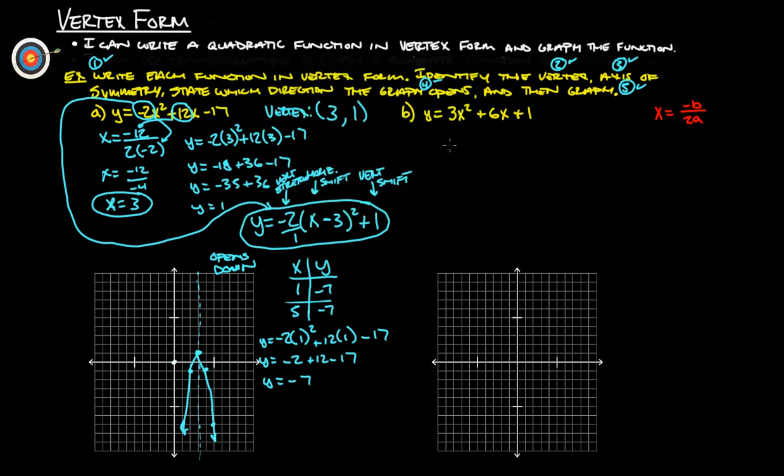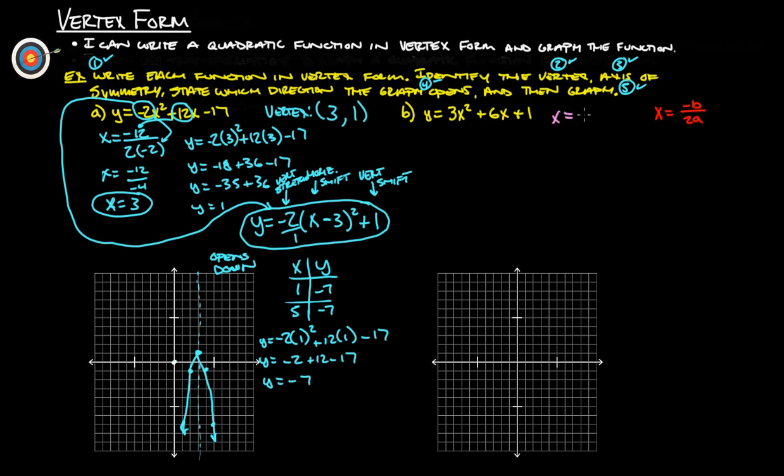All right. Let's take a look at B here. Let's do this in a different color just so it doesn't get confused with this other stuff over here. So we'll do this one in pink. All right, we are going to plug this into x equals negative b over 2a, our axis of symmetry formula, right? So let's do this.